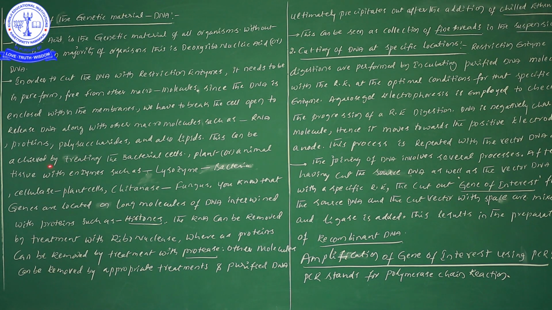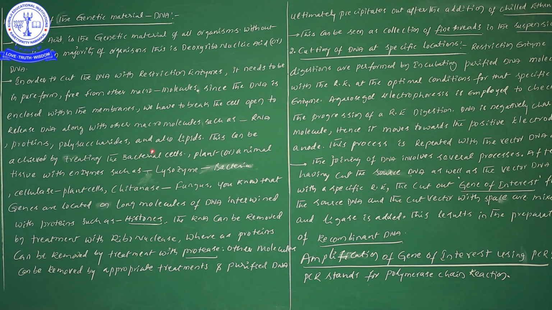So how can it be obtained? If you would like to do the experiments in bacterial cells, plant cells, or animal tissues, wherever you want, it can be done. If you would like to take bacterial DNA, the bacterial cell wall must be digested.